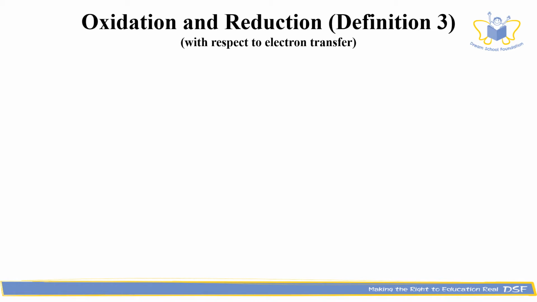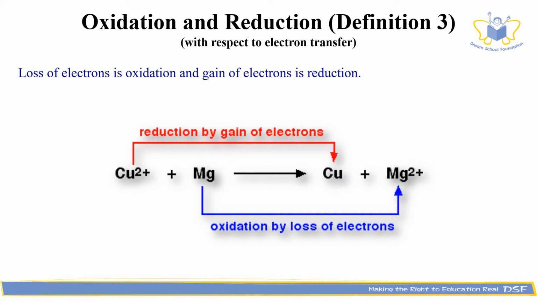So, the third definition states that loss of electrons is called oxidation and gain of electrons is reduction. From the example, magnesium undergoes oxidation by loss of electrons and copper undergoes reduction by gain of electrons.